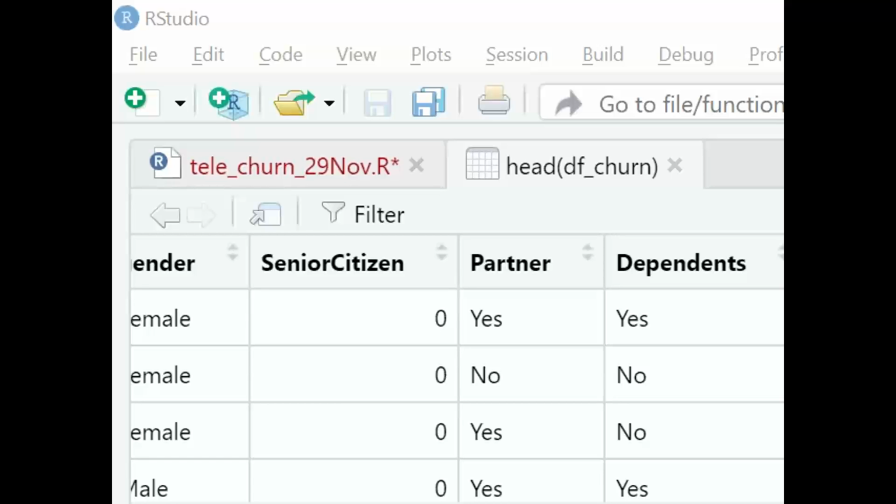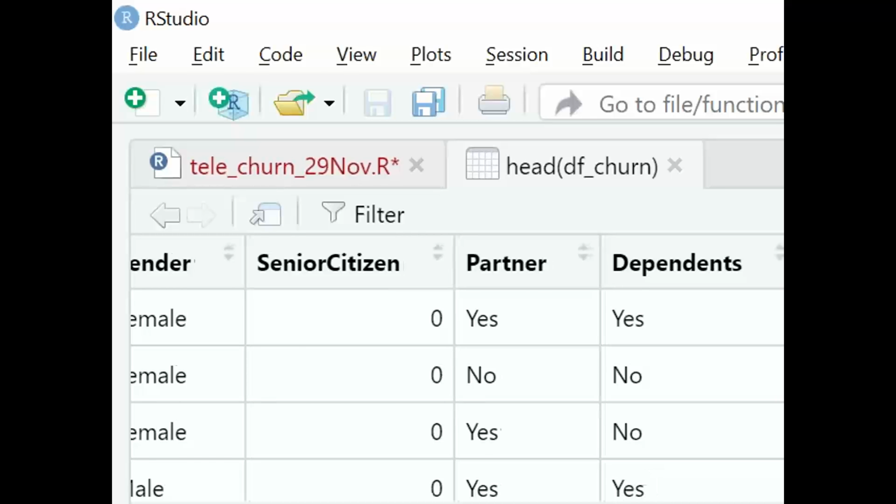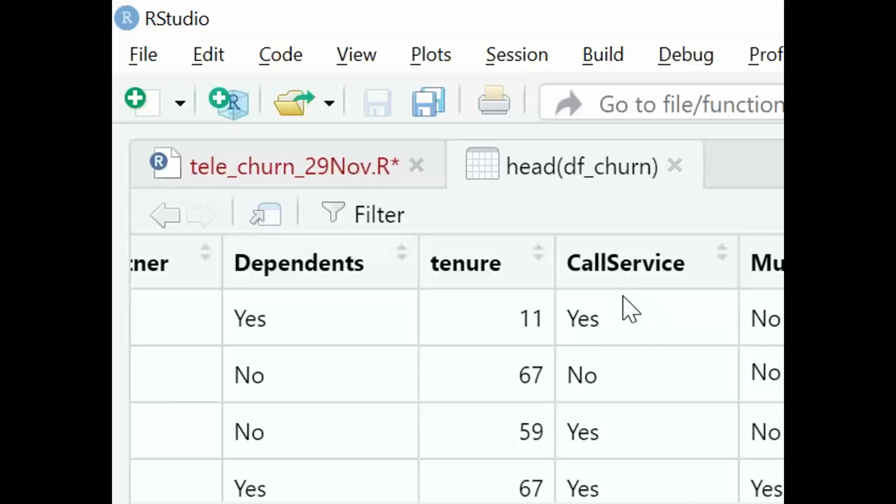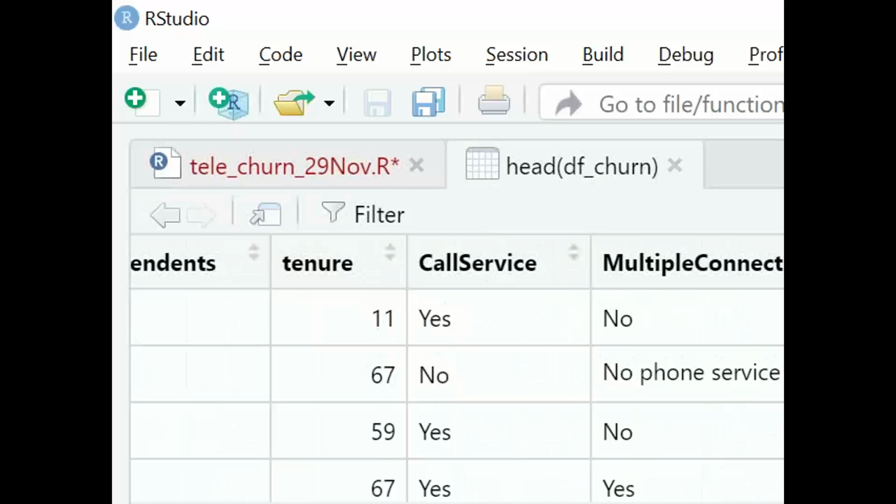Tenure is basically for how long he has been using the services of the service provider, right? Then you have certain variables like: is he using a call service, yes or no? Is he using multiple connections, no? Phone service, yes. If he's using multiple connections, you again have output in the form of yes and no. Is he using any internet connection, no? Or if he is, what type of internet connection is he using?